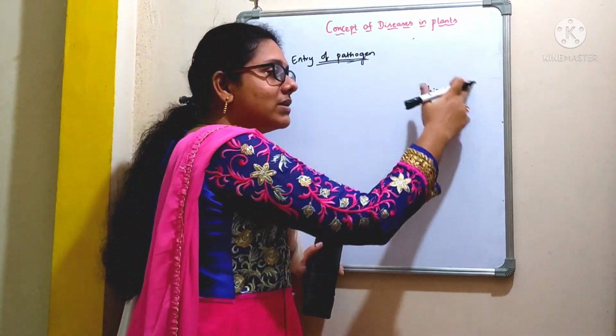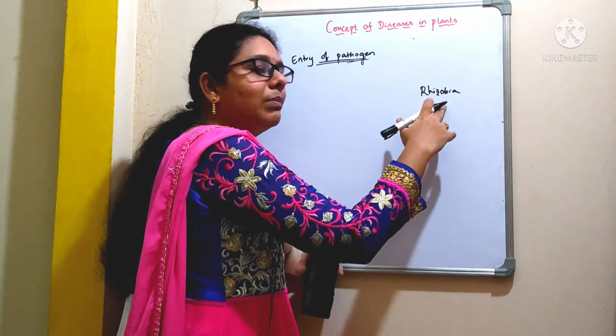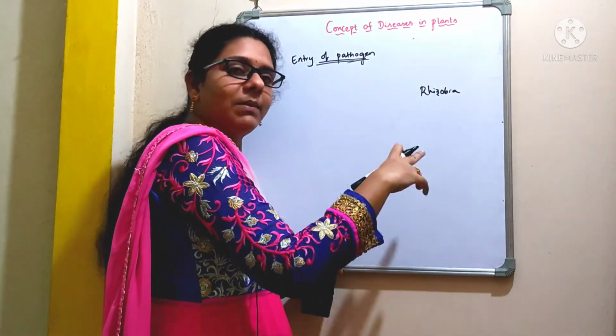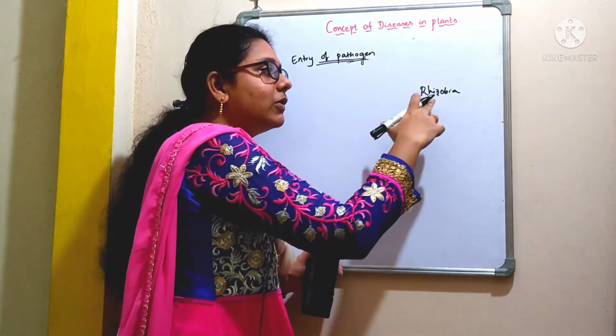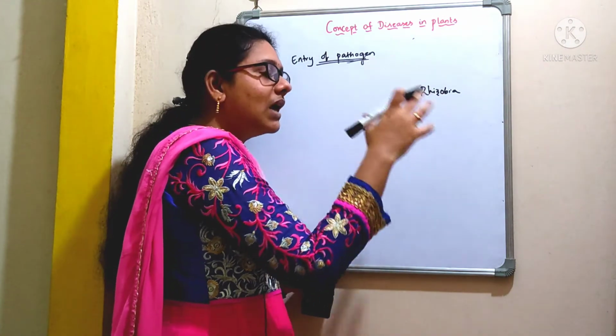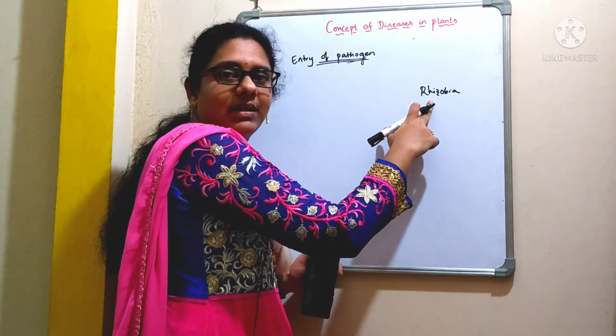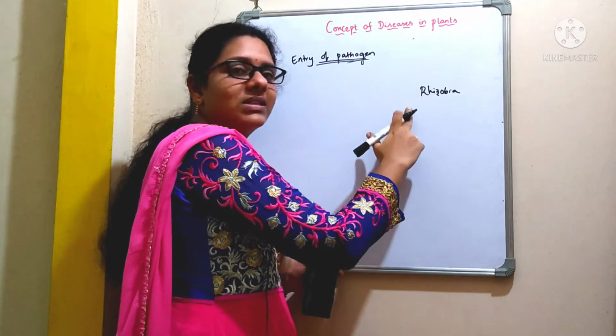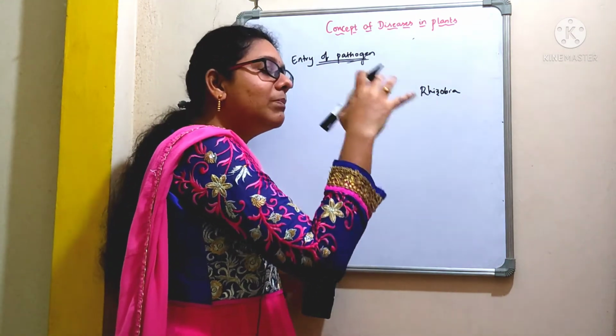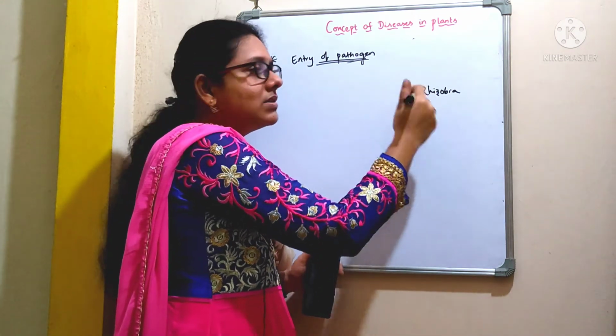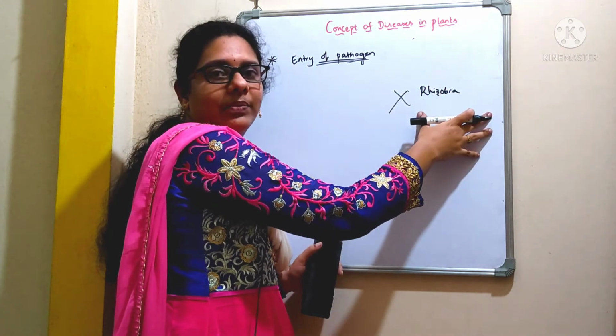That means this rhizobia organism is going to get benefit from the plant. At the same time, the plant is going to get benefit from this bacteria. So that we call symbiosis, right? So this is a nitrogen fixing bacteria. It is going to give some benefit to the plant. This is not a pathogenic bacteria, right?